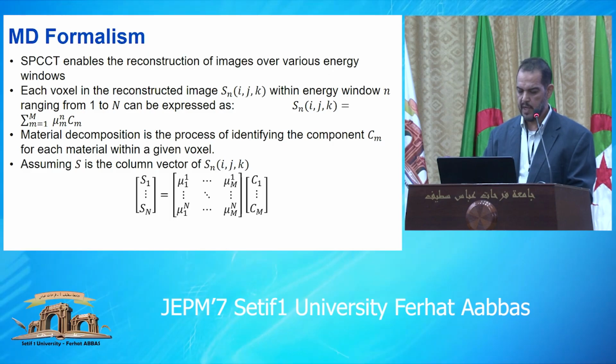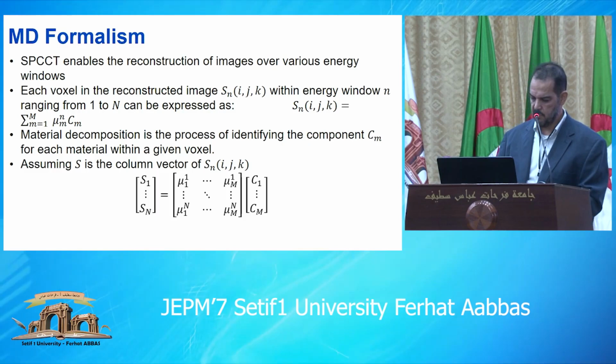So basically, we end up with a matrix equation where the S's are the attenuation coefficients of the voxel at each energy, mu1 to mu_m are the attenuation coefficients of the different materials that we are using to decompose our image, and C1 to Cm are the concentrations for these materials.